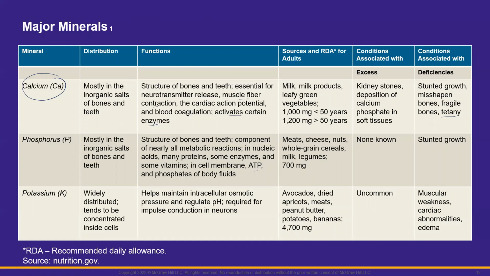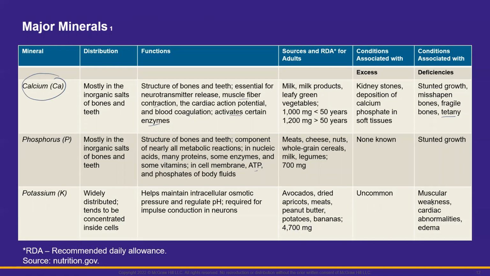Potassium, widely distributed, tends to be concentrated inside the cell. Helps maintain intracellular osmotic pressure and regulate pH, required for impulse conduction in neurons. Source: avocado, dried apricots, meat, peanut butter, potatoes, bananas, about 4,700 milligrams per day.